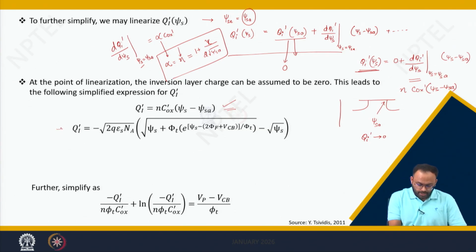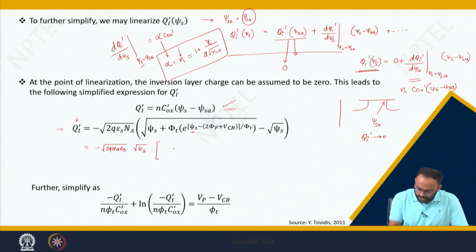Here is a well known equation we have derived earlier, which says that my inversion charge is non-linearly related to the surface potential. So let us do some simplification. Square root of 2 q Na epsilon s, take root psi s common, you will get 1 plus phi t by psi s e to the power of (psi s minus 2 phi f plus Vcb) over phi t, to the power 1 by 2, minus 1.